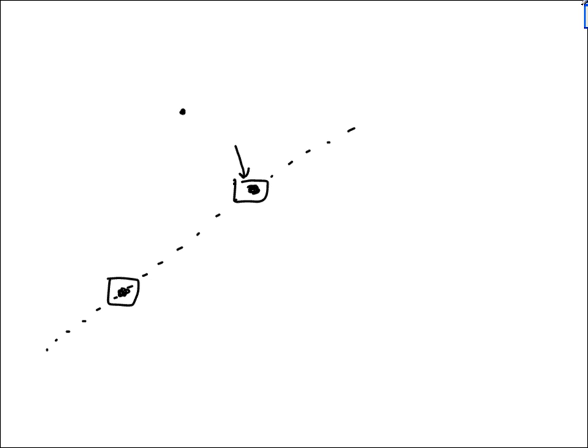But it's wrong. If you would have plotted 3 points instead, say this point by mistake, and this point, I hope this is clear as day that these 3 points do not lie on a straight line.